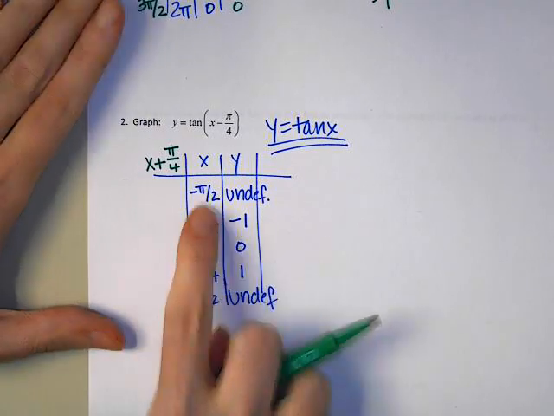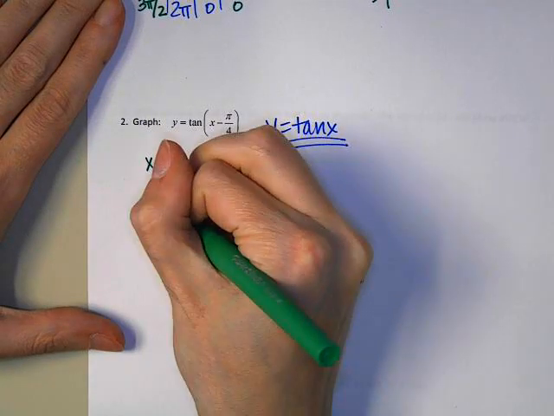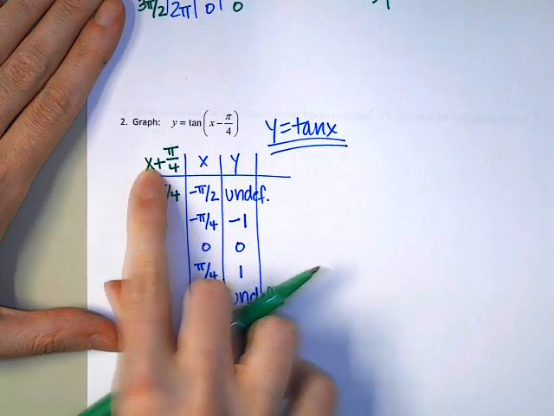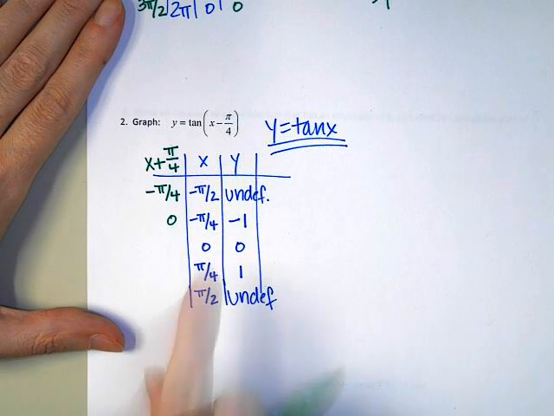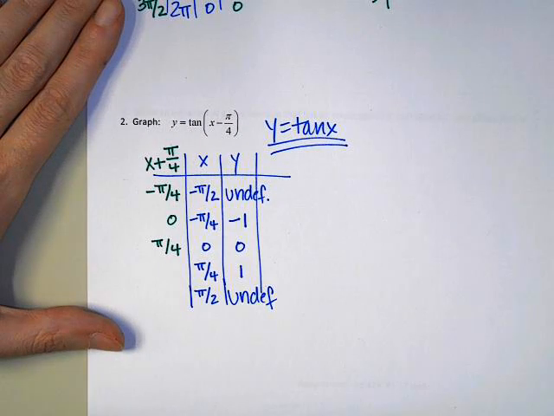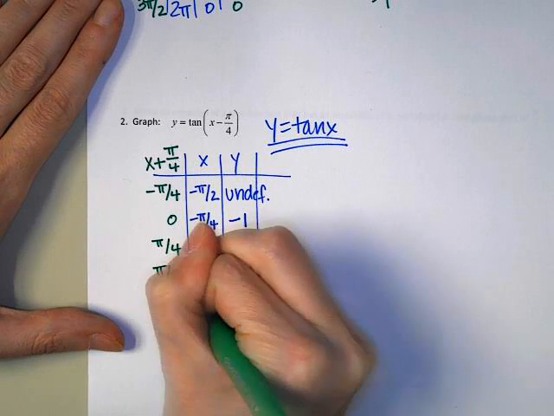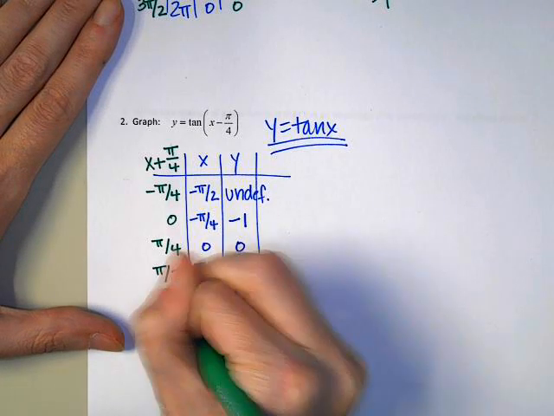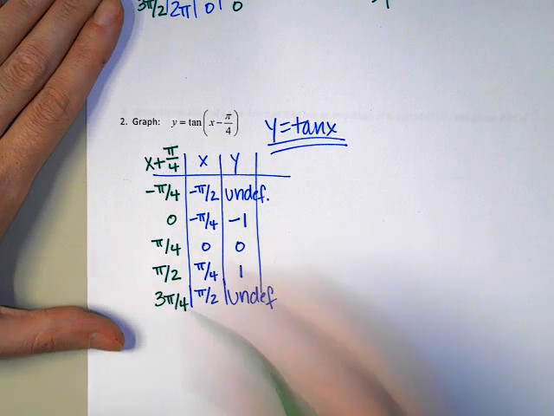Okay, negative pi over 2 plus pi over 4 is negative pi over 4. Negative pi over 4 plus pi over 4 is 0. 0 plus pi over 4 is pi over 4. Pi over 4 plus pi over 4 is pi over 2. And pi over 2 plus pi over 4 is 3 pi over 4.